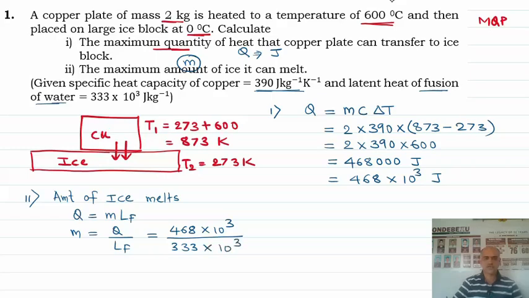The 10 raised to 3 cancels. Divide 468 by 333 and you will get 1.405 kg. So this much ice melts. This is for 5 marks in the model question paper.